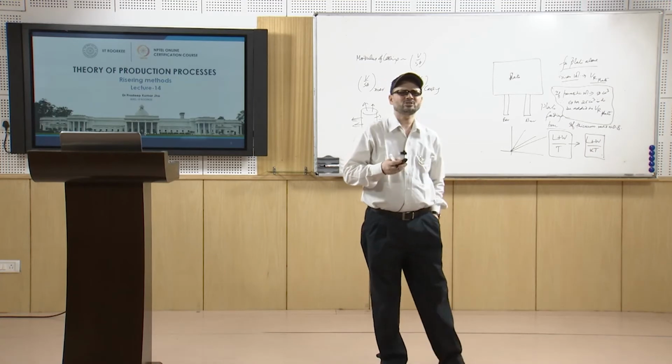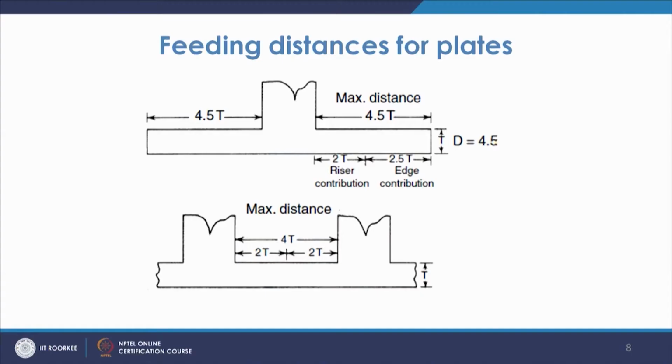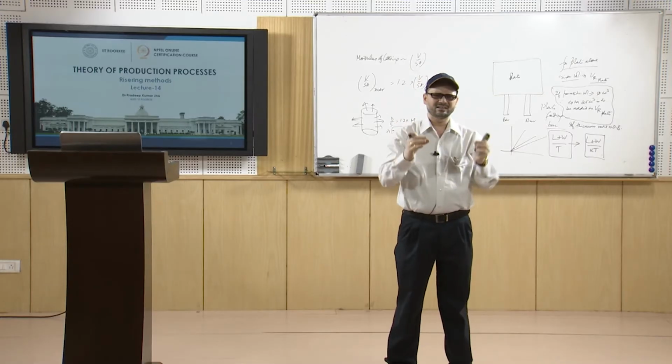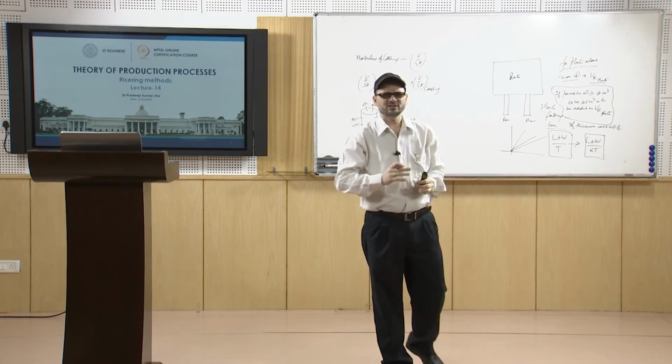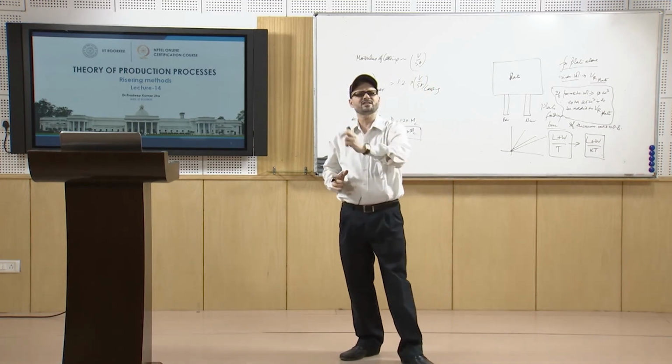Then you must also know the feeding distances for plates and bars. Once you have the riser, up to what distance will it be able to feed the liquid metal?